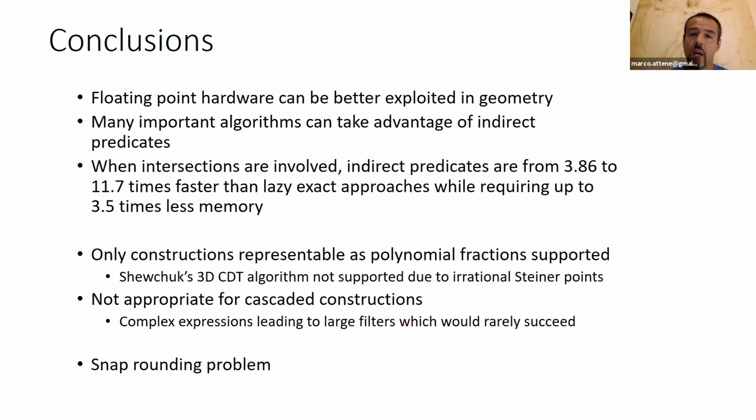And this requires snapping these coordinates to floating point numbers. And this is an issue because these little snaps can create self-intersections and many problems. This is actually an open problem. There are theoretically provable algorithms, but they are not really practical yet. They have exploding complexity for practical cases.